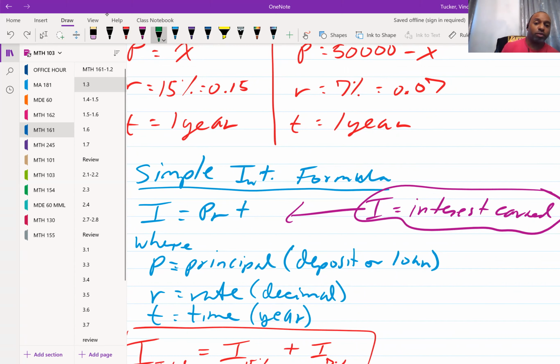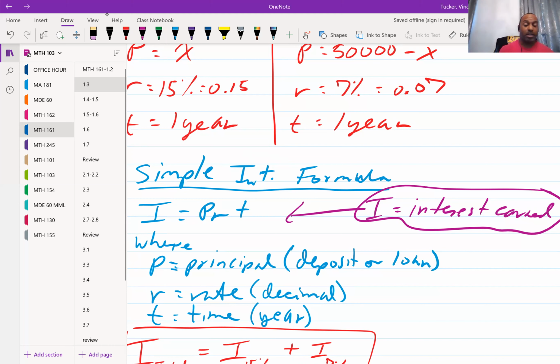That formula is I equals PRT, where I represents your interest earned, P is your principal, that's the deposit or the loan, R is your rate, which is going to be in decimal, and T is time, which is going to be in years. So like I said, go ahead and copy that as a part of your notes first, then we'll go back to the red.